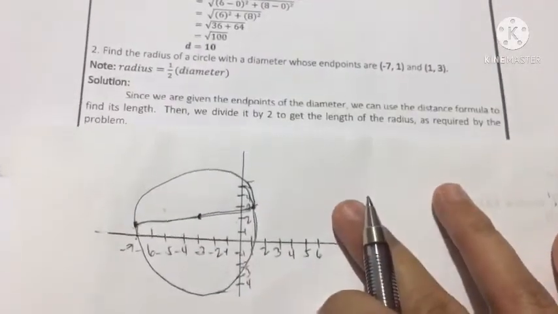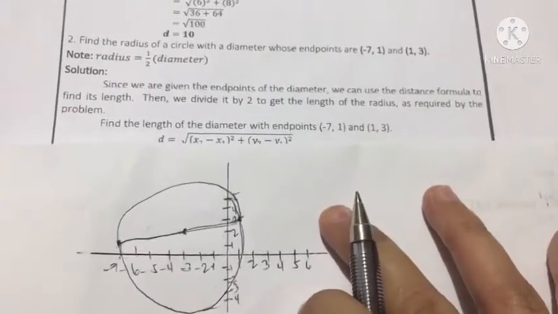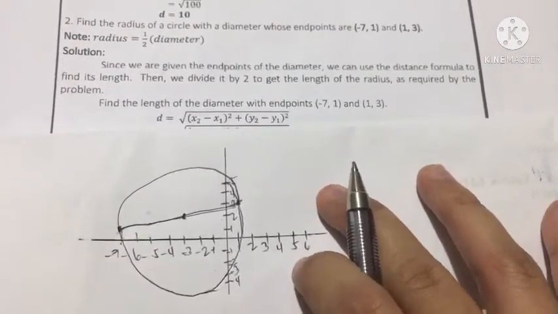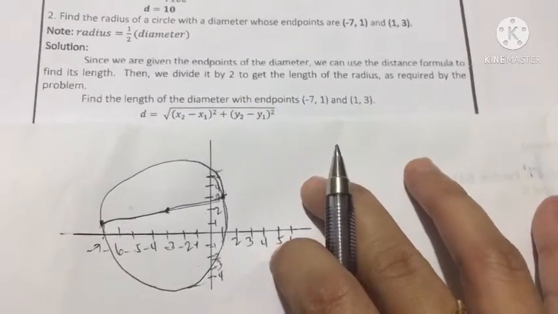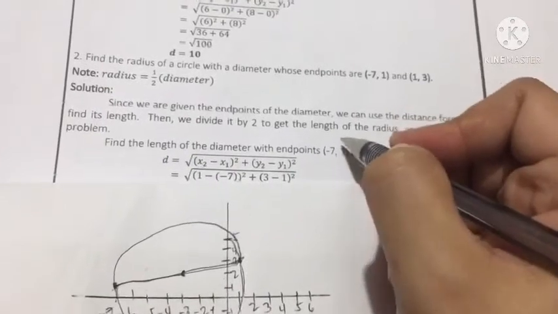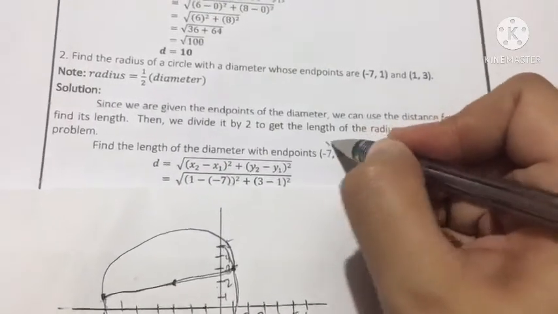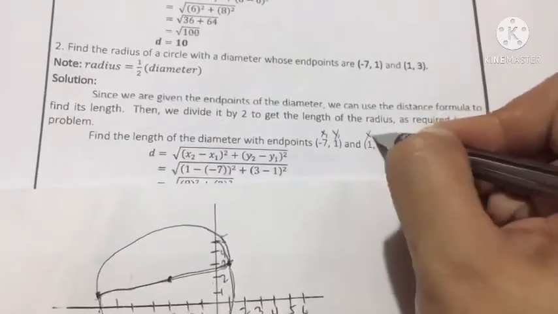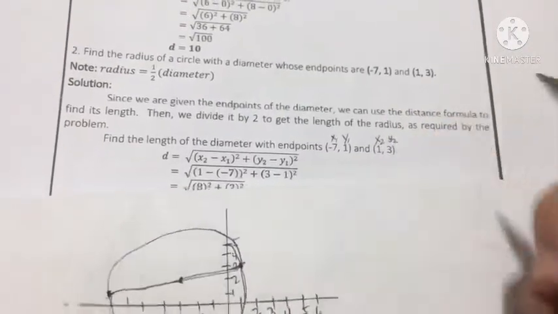So, find the length of the diameter with endpoints negative 7, 1 and 1, 3. So, yan ang ating formula. So, again, mag-a-assign tayo ng value. Ito yung x sub 1, y sub 1, x sub 2, y sub 2.